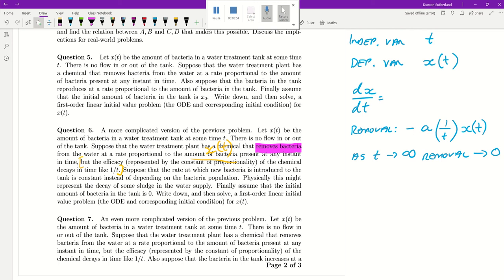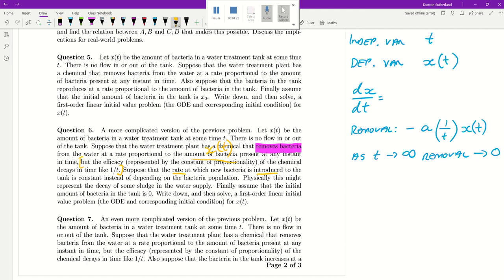Suppose that the rate at which new bacteria is introduced to the tank is constant. So now we've got stuff coming in, and we've seen the magic word rate introduced. The rate at which new bacteria is introduced to the tank is constant instead of depending on the bacteria's population, right? So that's to contrast with question 5, where we had bacteria that reproduces.